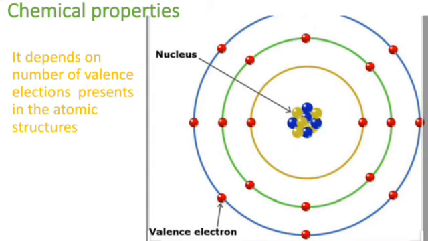Now, how do you get a valence electron? If you are looking at a particular atom, the total number of electrons on the last shell determines the valence electrons. If it's one, it is one valence electron.